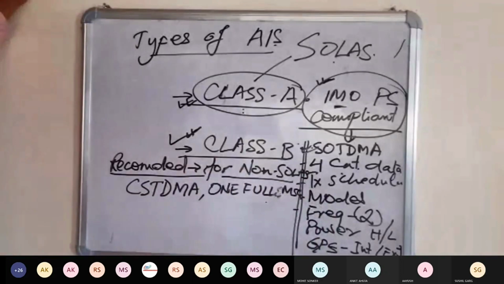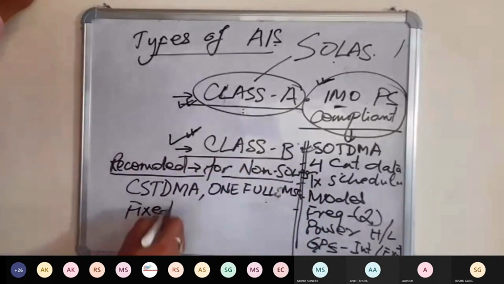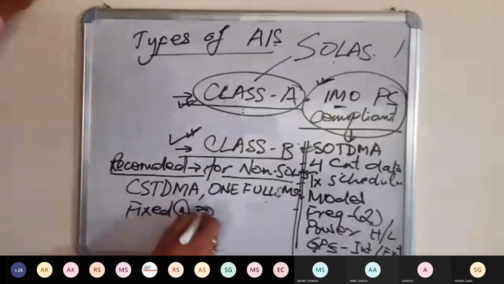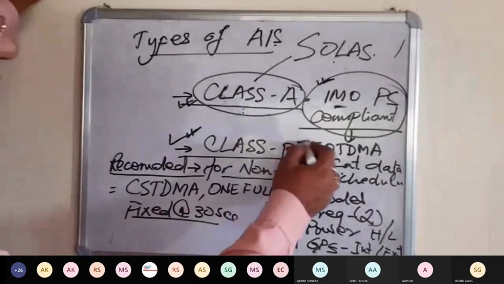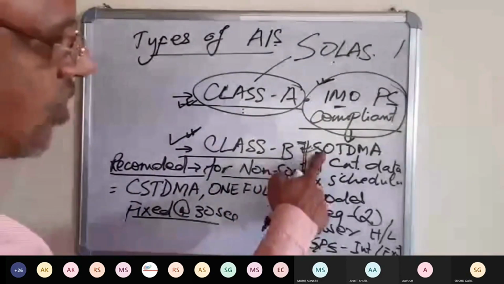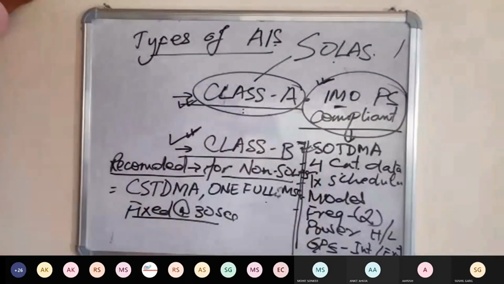Transmission schedule fixed at 30 seconds. It does not reserve the slot for transmission because it is fixed, and that is the deviation of CSTDMA and SOTDMA. SOTDMA में slot reservation था, CSTDMA में slot reservation नहीं होती.